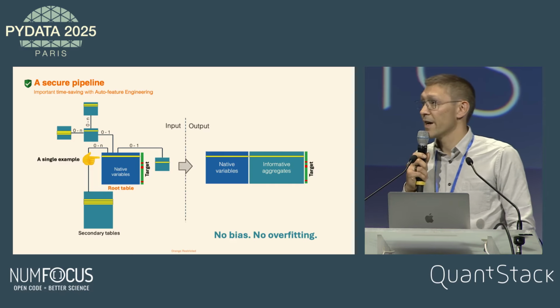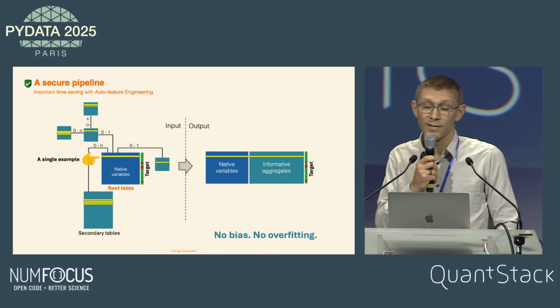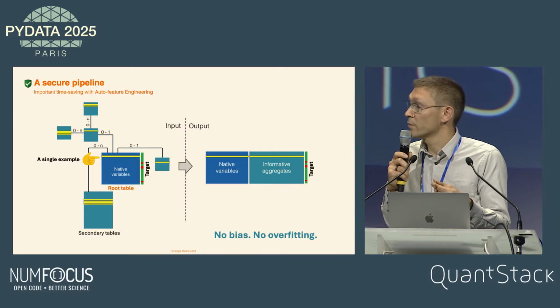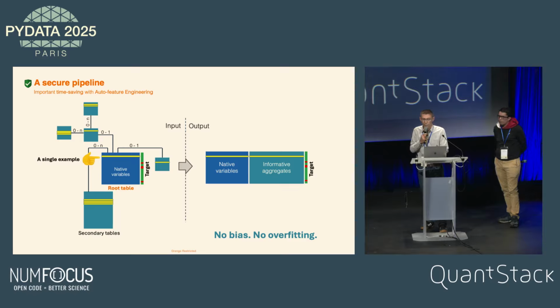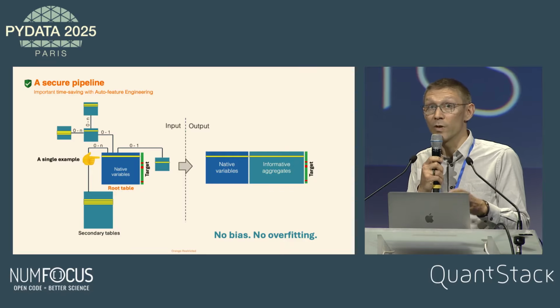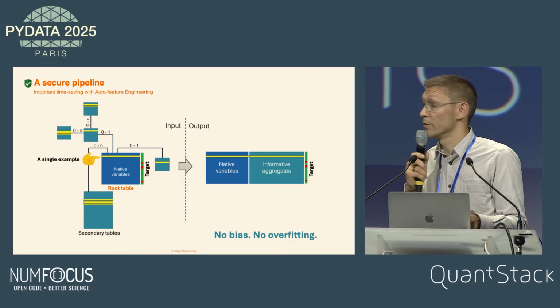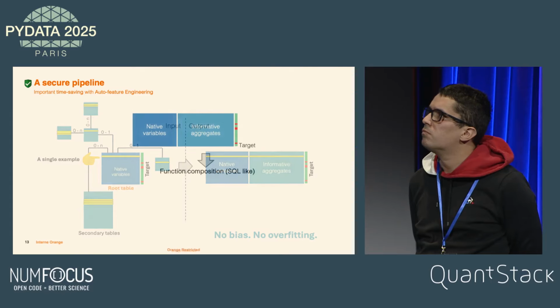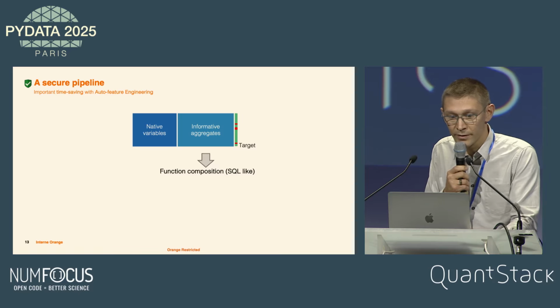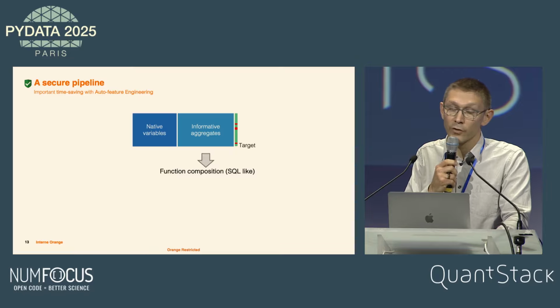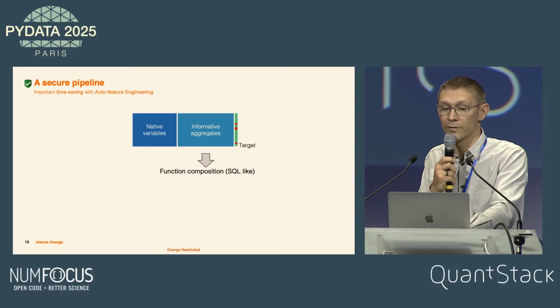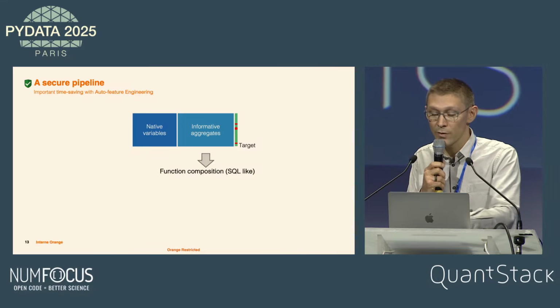So it is very, very hard to do that by hand, by humans, because it is complicated to find relevant aggregates according to the target. So by doing this with KIOPS, we can remove human bias, and we avoid the risk of overfitting at this step. KIOPS uses a SQL-like language in order to build the aggregate variables, and it makes compositions of functions.